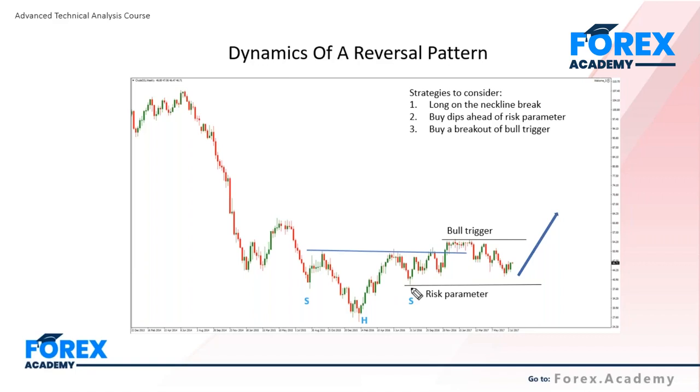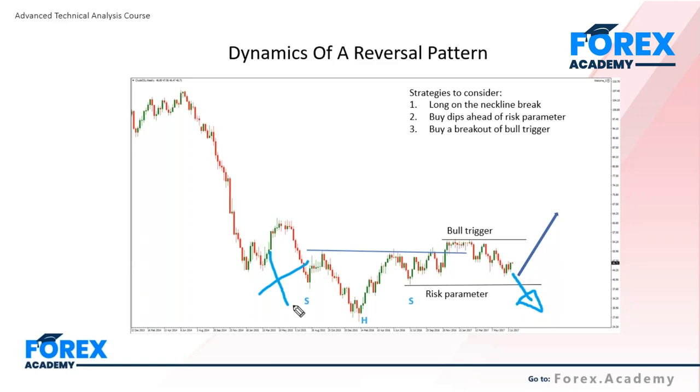If price action instead does move below the risk parameter, then it has the effect of negating the entire pattern. We then need to abandon the conclusion that we have just taken on board, and reassess price action once again to come to another viewpoint.